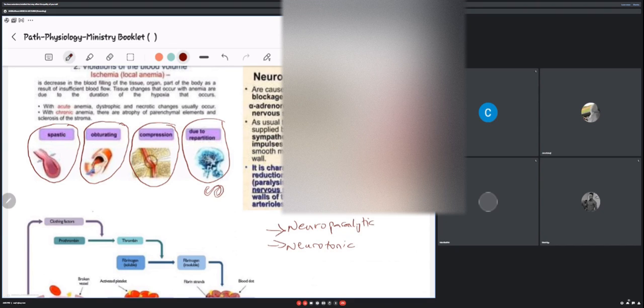Neuroparalytic is when there's damage to the nerve or vessel, and the neurotonic can be due to any other cause outside damage to the nerve or vessel. So that's the difference here.